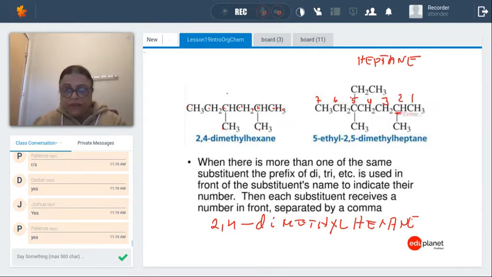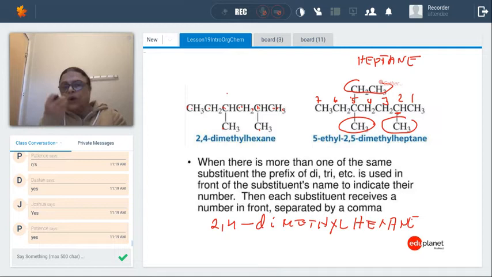So I have methyl at position 2 and methyl at position 5. I also have at position 5 an ethyl. So always E before M. Doesn't matter that you have a di. It doesn't matter, the methyl.